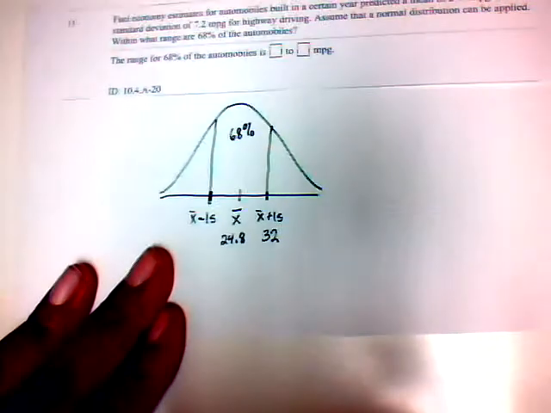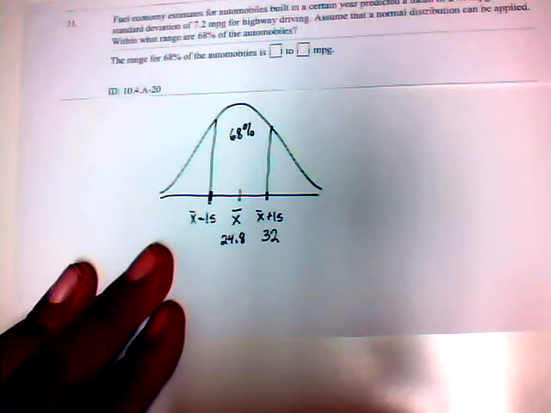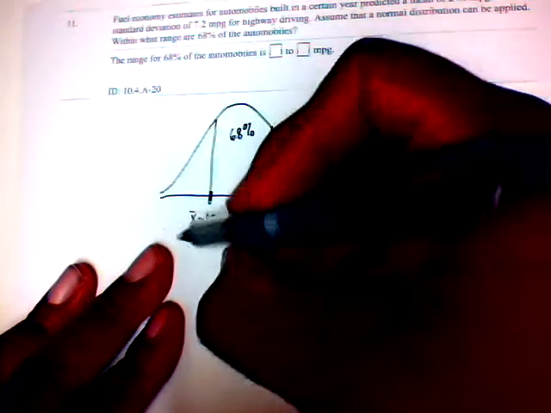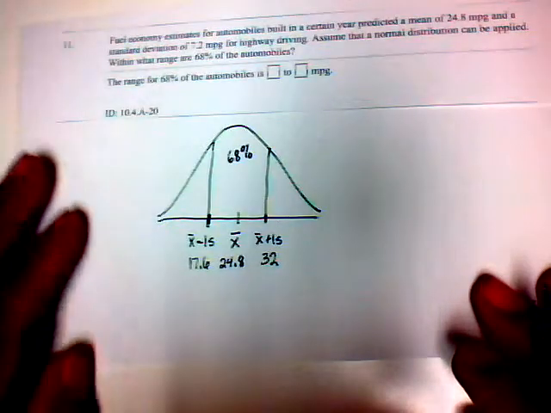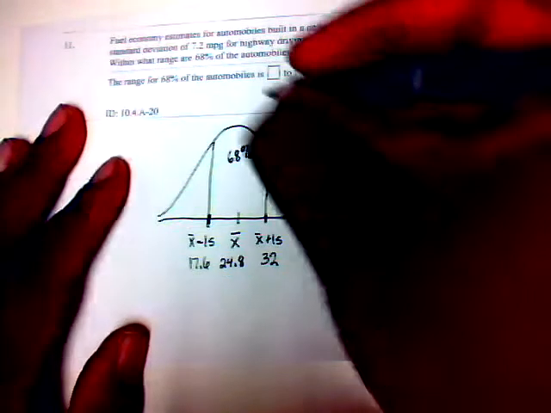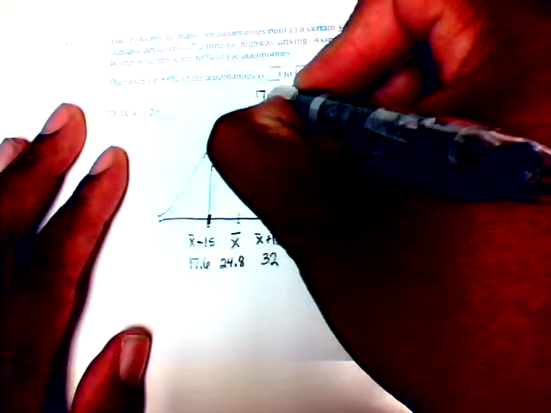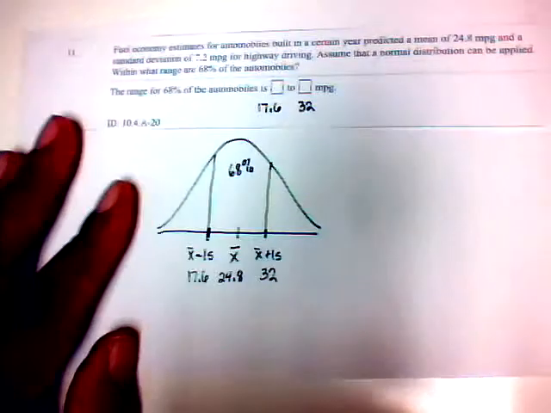And then subtract one standard deviation from the 24.8, and you're going to get 17.6. So that means the range for those 68% of those automobiles is between 17.6 miles per gallon and 32 miles per gallon.